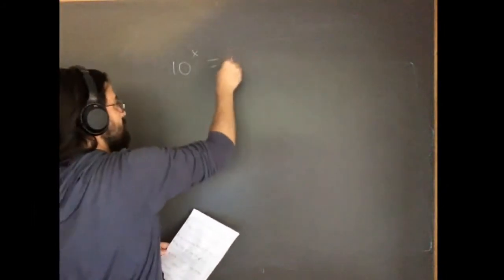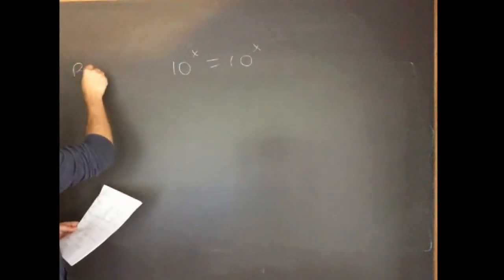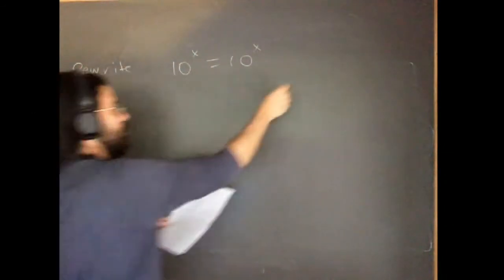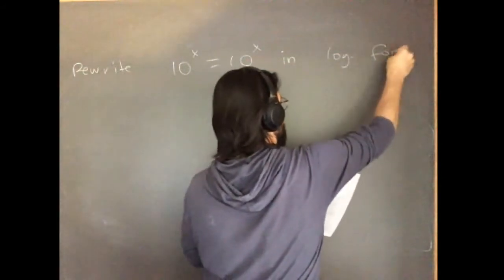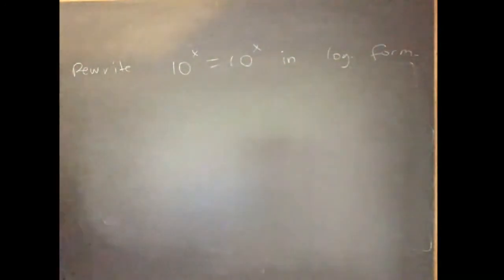So let's look at, for example, 10 to the power of x is equal to 10 to the power of x. This is a true statement, and it is in exponential form. So let's go ahead and rewrite this in logarithmic form. I'll give you a moment to try and write that in logarithmic form.